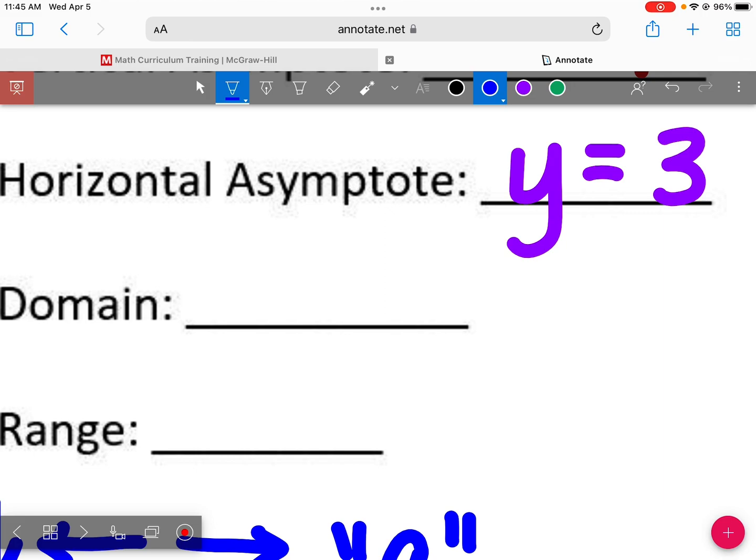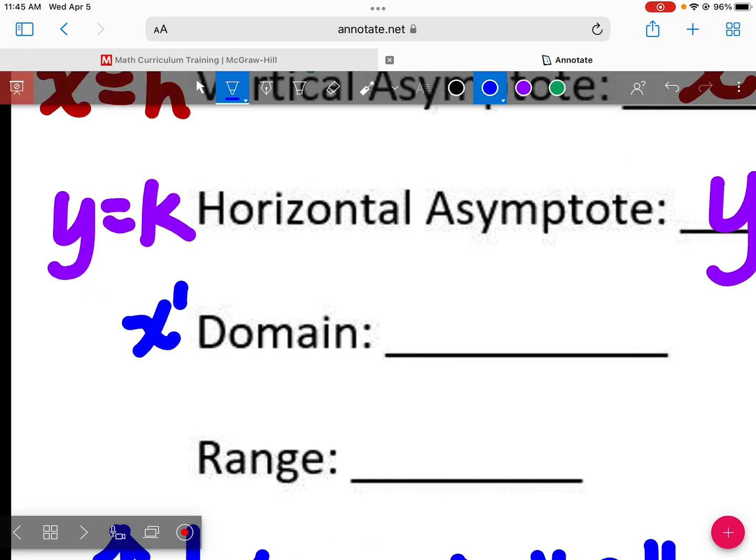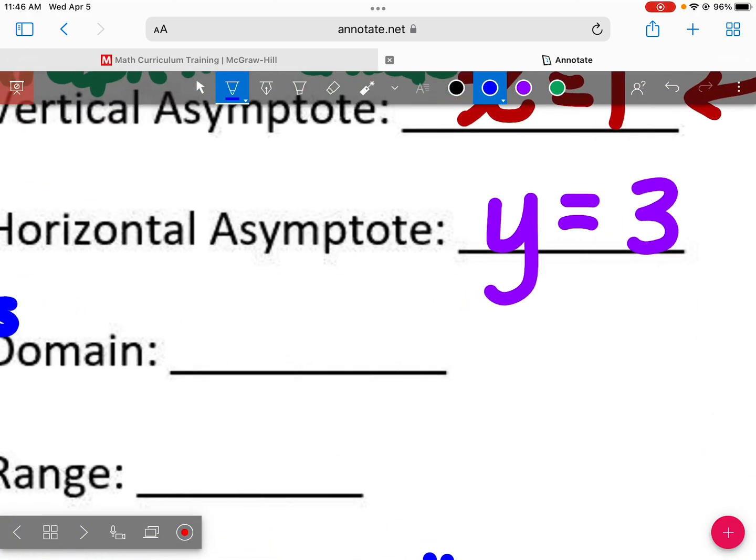Last thing we need to do is domain and range. Domain, we're talking about x's or y's? X's. How does my domain start? All real numbers, except x is not allowed to go where the asymptote is. Where's that asymptote? At 1.